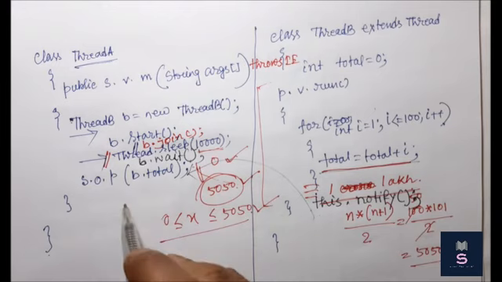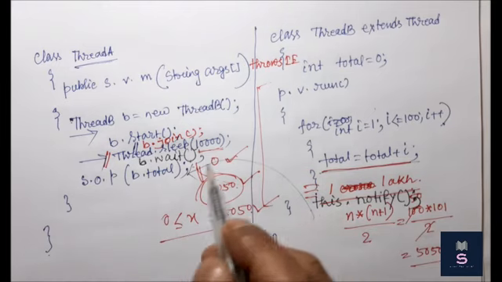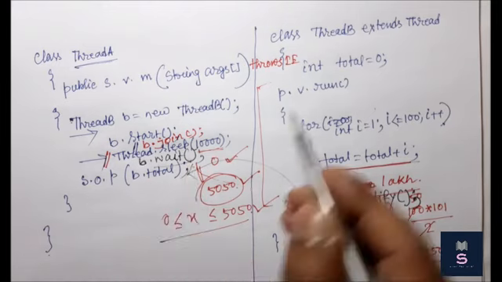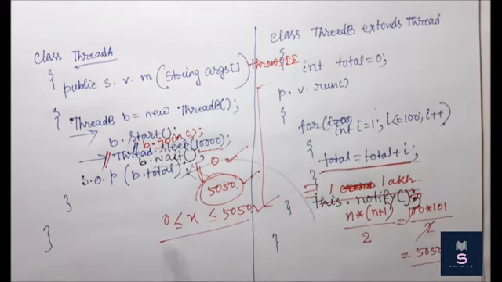So the method which is waiting for an update is the wait method, and the method which will notify is the notify method. So it will call this dot notify and it will call b dot wait. Now, is that okay? Is the output correct?